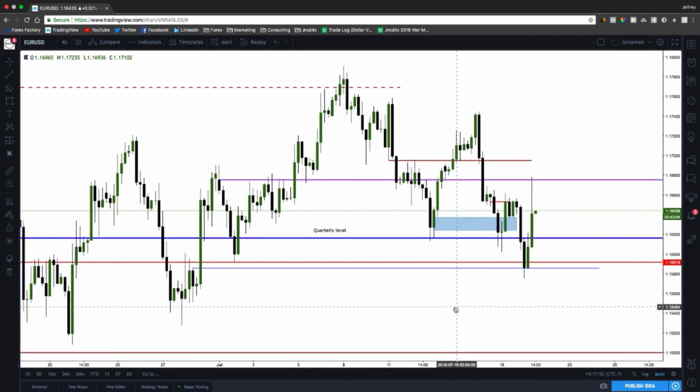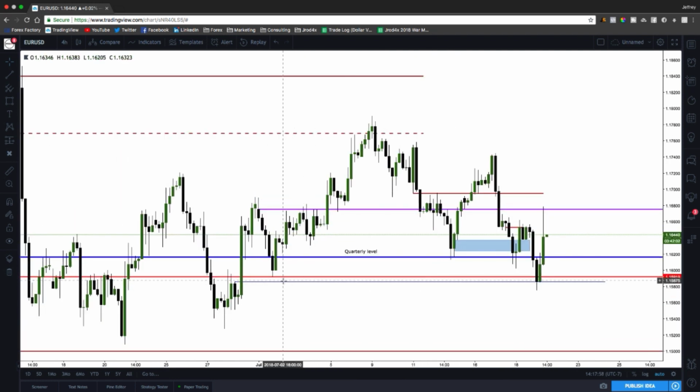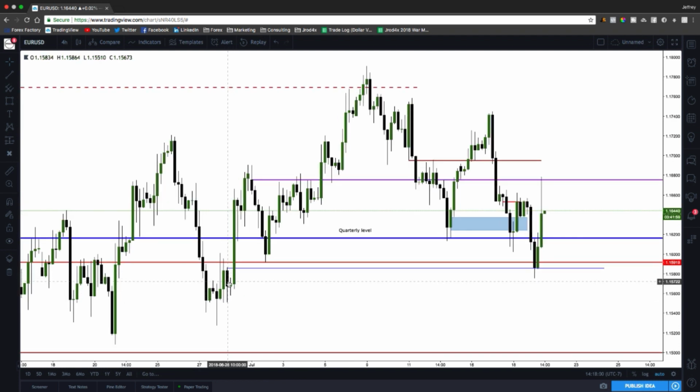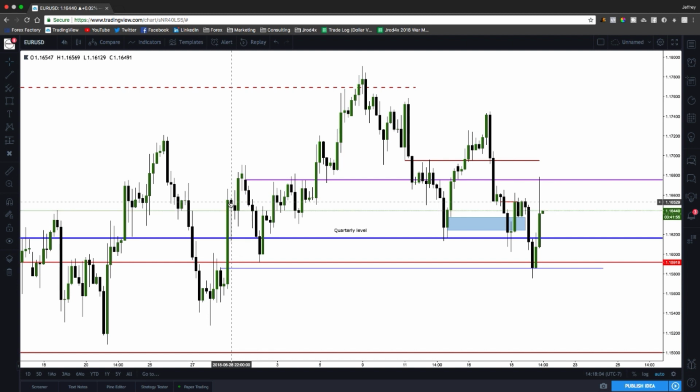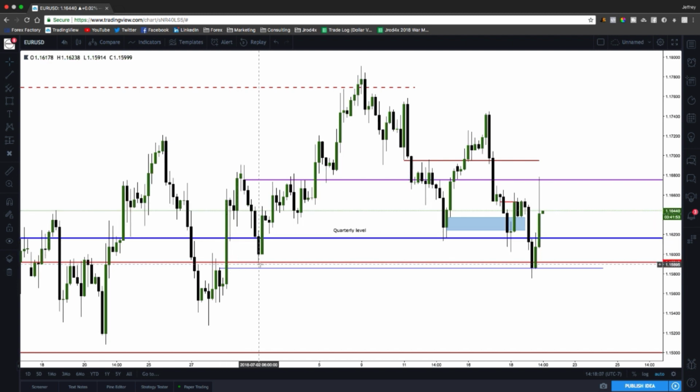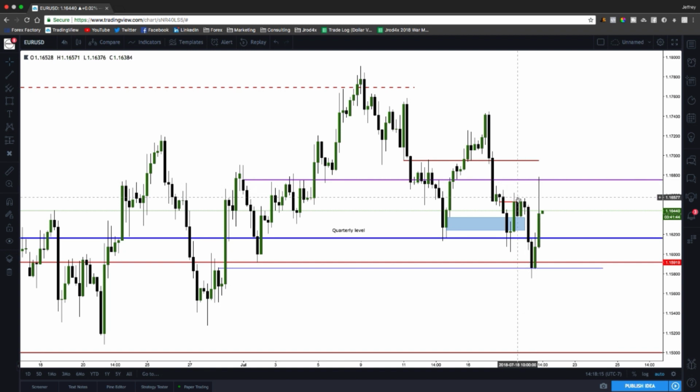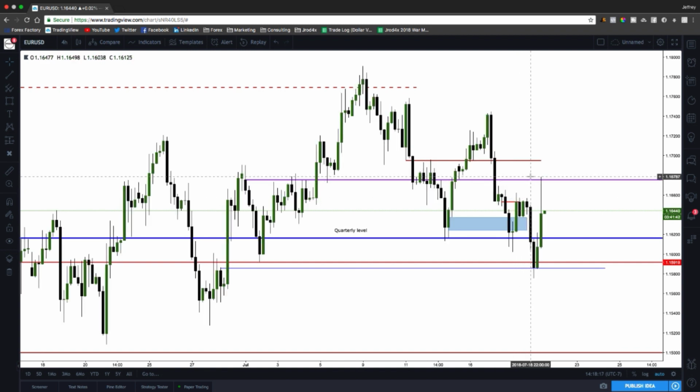But we did have this 4-hour ICT bullish order block here, this down candle before this big strong push up, and we also had this low right here. So you can see the market dipped into that, found support at this level, and pushed higher. So we have made a higher high here.